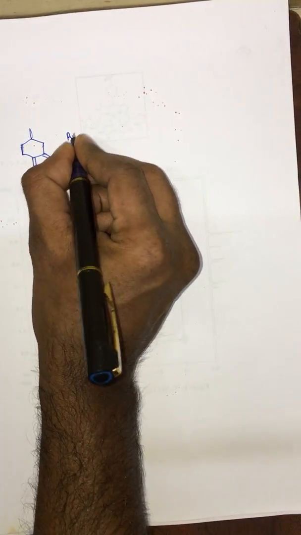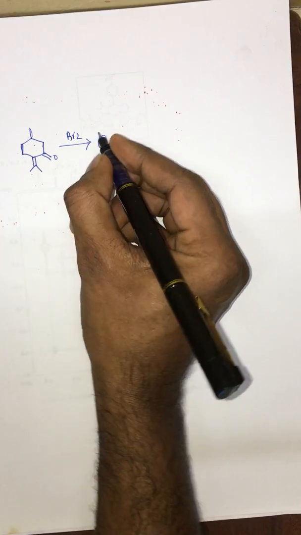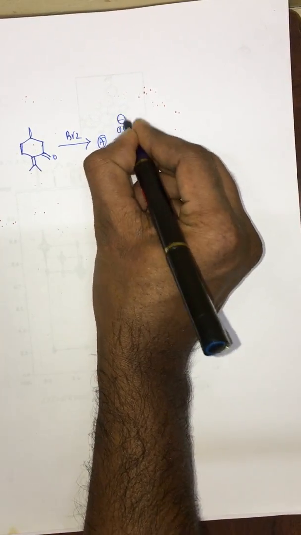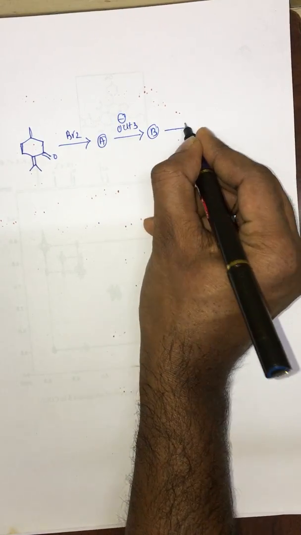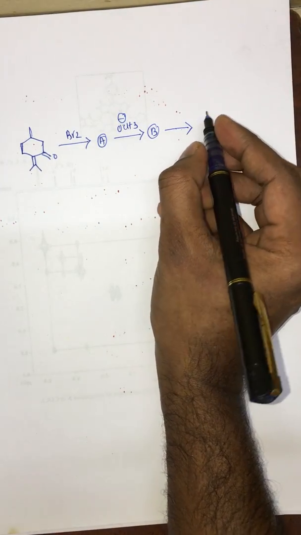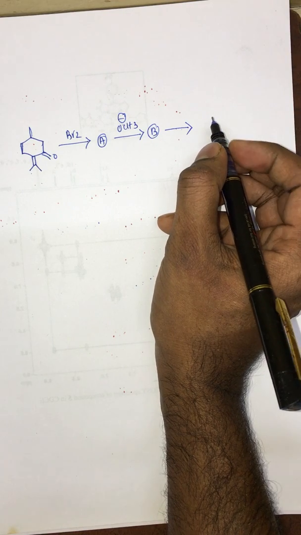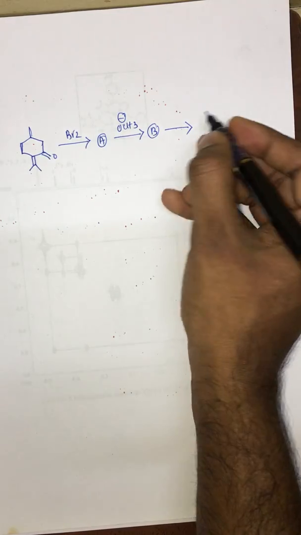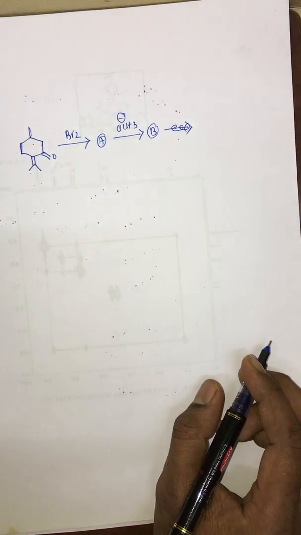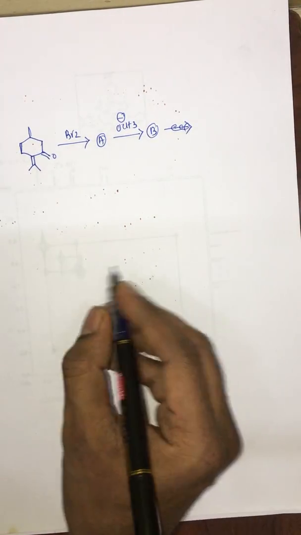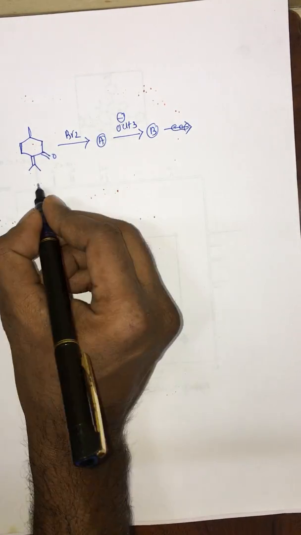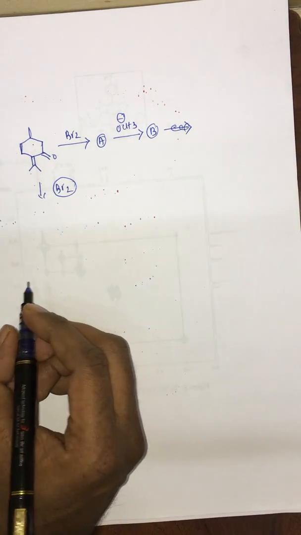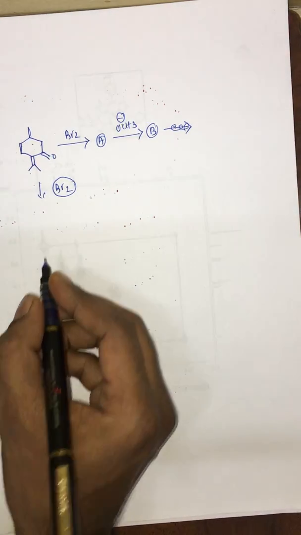We have bromine here, this is A, then we have OCH3 minus, B, then we have only B. Okay, so here now bromine, we know that bromine addition to a double bond will be in a trans fashion, right?